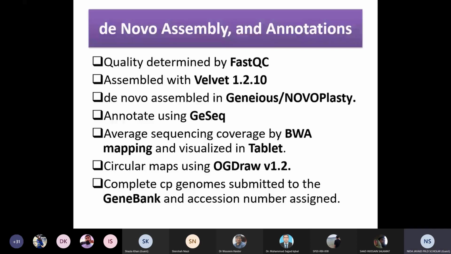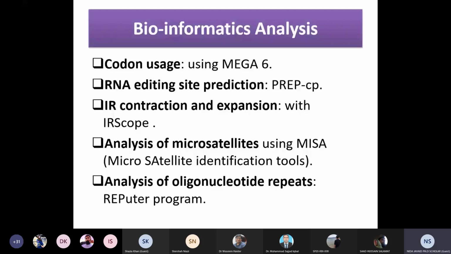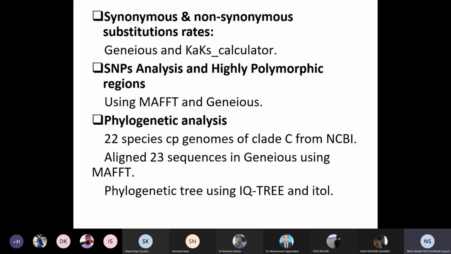Codon usage using MEGA6, RNA editing sites prediction using PREP-cp, IR contraction and expansion with IRscope, analysis of microsatellites using MISA, analysis of oligonucleotide repeats with the REPuter program, synonymous and non-synonymous substitution rates were done with Geneious and KaKs calculator. SNP analysis and highly polymorphic regions were determined by making alignment in MAFFT and Geneious.